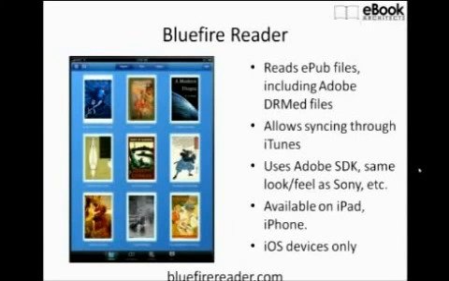It reads EPUB files. It does read the Adobe DRM files. That also means that it allows you to check out library books from most public libraries, which also use the Adobe DRM. And it allows you to sync your books. If you have some regular books, you can put them into Bluefire using the iTunes side-loading capabilities.